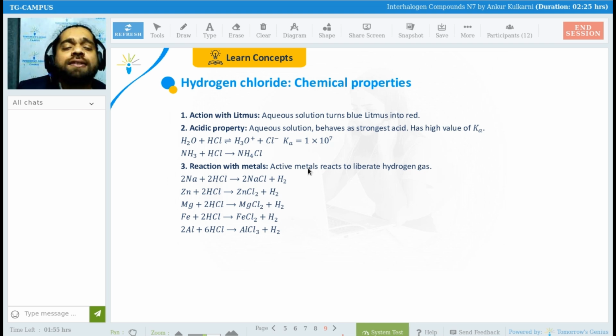Action with litmus. Obviously, isn't it obvious? Blue litmus to red. What does that mean? Have you ever seen the litmus paper? Rashida, Sarjana, Sashidharan, have you ever seen the litmus paper? I hope you have used it also. Even the pure pH paper is very costly.